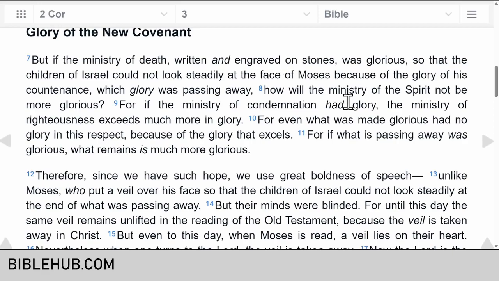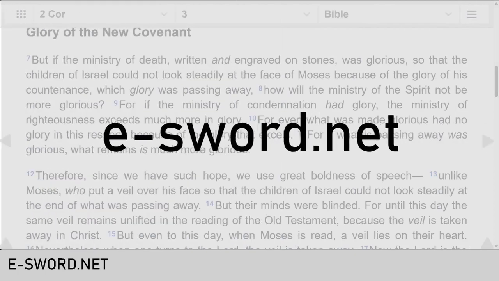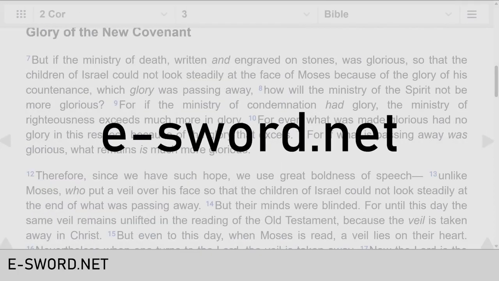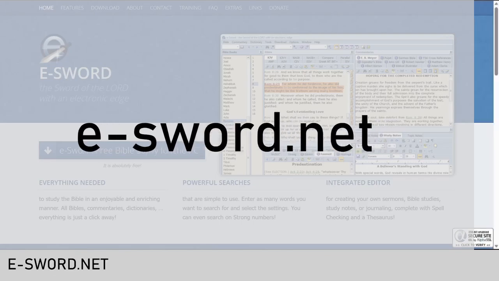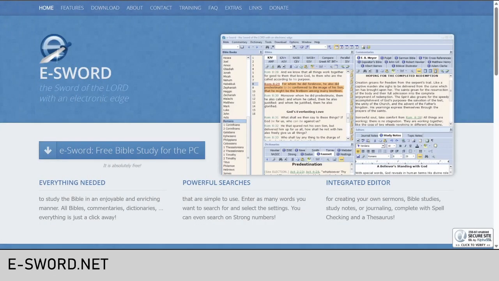All right, so let's talk about a couple of other tools that you can do very similar things with, although maybe they're not quite as useful, at least in my opinion, as Bible Hub. The first one that I want us to talk about is eSword. So you may have heard of eSword, and I want us to look real quick at just where you can get it. So you go to esword.net, and this is where you can download this particular program for your computer.